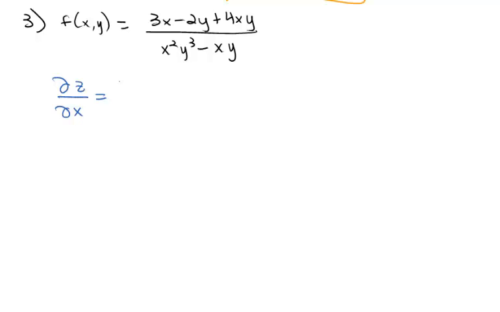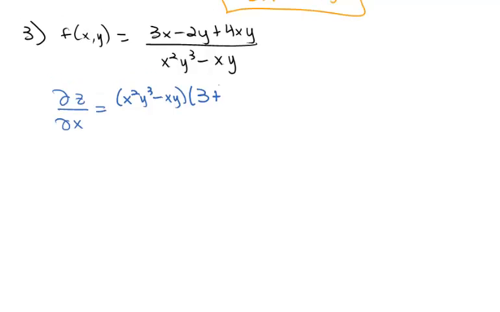So when we do low, x squared y cubed minus xy, times d high, the derivative of the top with respect to x. So 3x, the derivative is 3, minus 2y, there's no x's in there, so the derivative of that is 0, plus 4xy, the derivative of that is 4y.